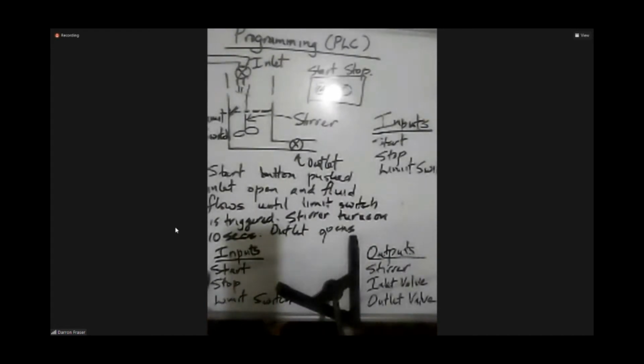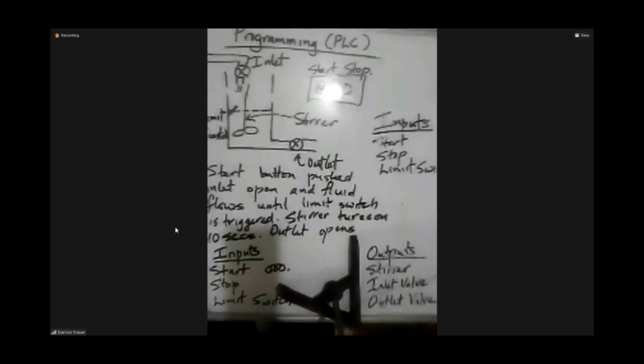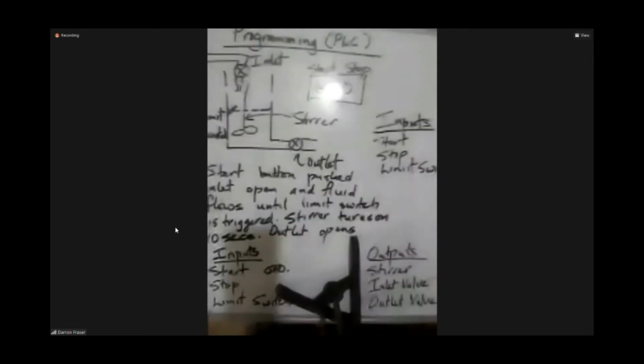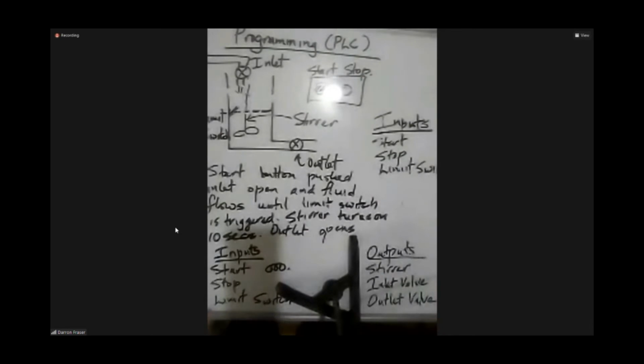And each of the inputs that we have, we're going to put an address to it. So now, how will we do an address? An address in Omron has 3 zeros. The 3 zeros indicate to the machine, the program, that 000 represents an input.